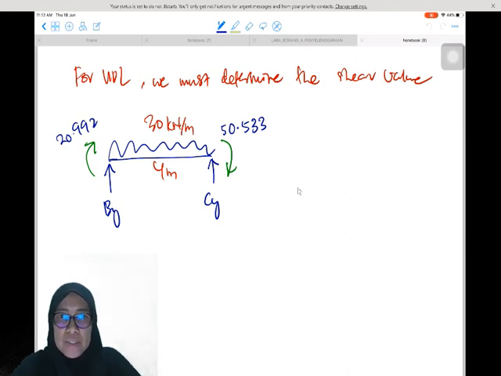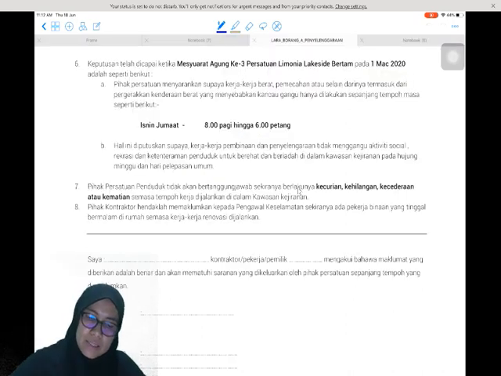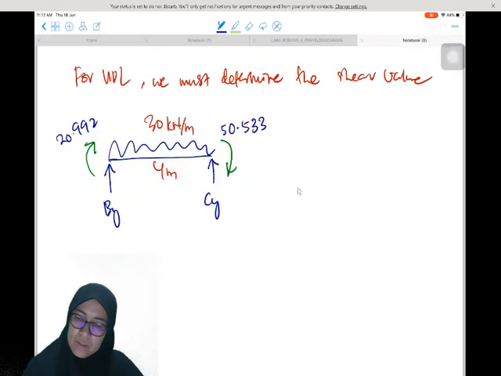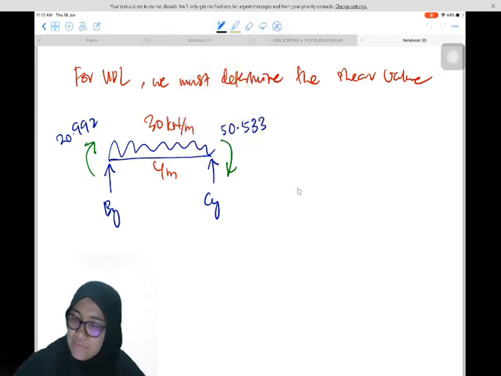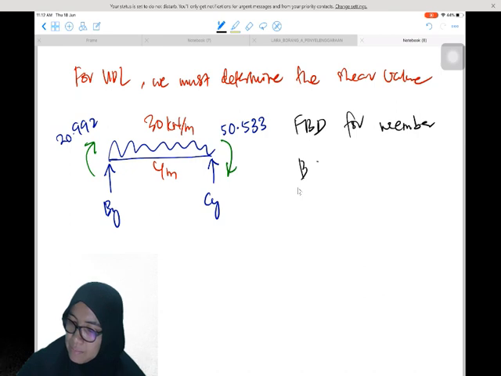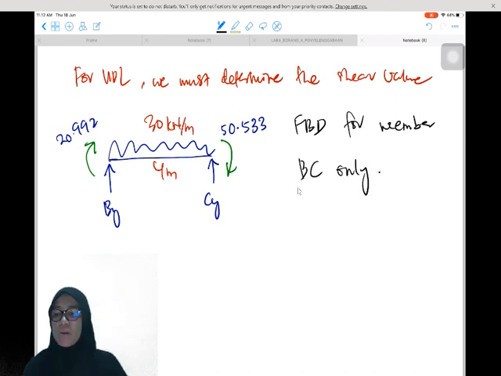So this is the free body diagram for member BC only.